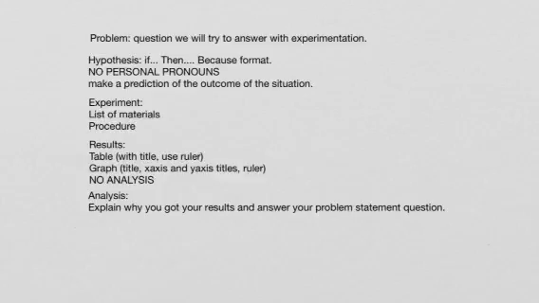And if you drink lemon juice, it's sour. Okay, so here's where you explain, and this is where you're going to answer your problem statement question. For example, which type of fertilizer was the best for the plants? Well, the best fertilizer, according to the results, was fertilizer A.